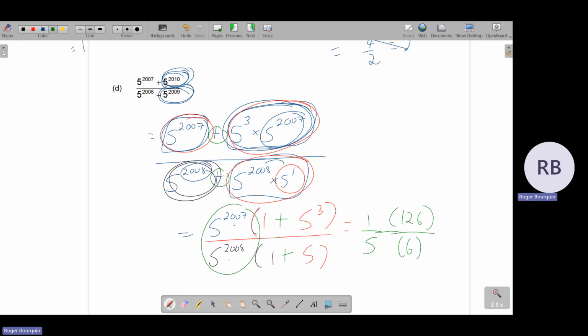If you put that into your calculator, it's going to be 126 divided by 30, which gives you 4 1/5, which is 21 over 5. That gives you a final answer.